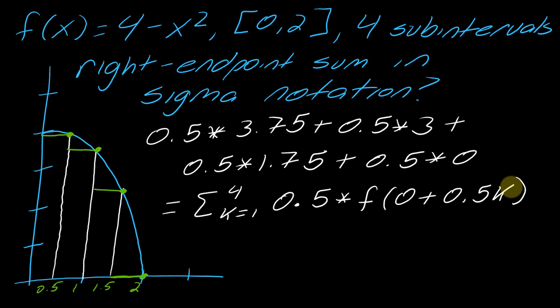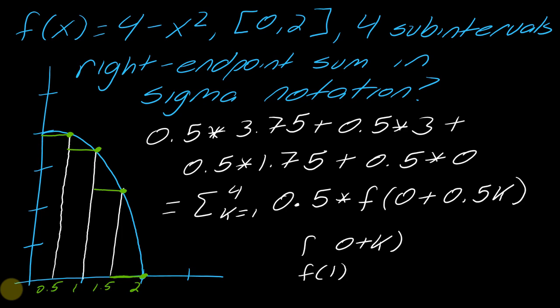You've totally got to wrap your head around this and figure out why this actually works. 0 is the starting point of this interval, but I'm doing a right endpoint sum, right? Because this is a right endpoint sum, if I just left this at f of 0 plus k, this wouldn't make sense in this case. Think about what would happen for k equals 1. This would give me f of 1. That's not the endpoint that I want, right? I wanted to make sure that this ended up with this endpoint.